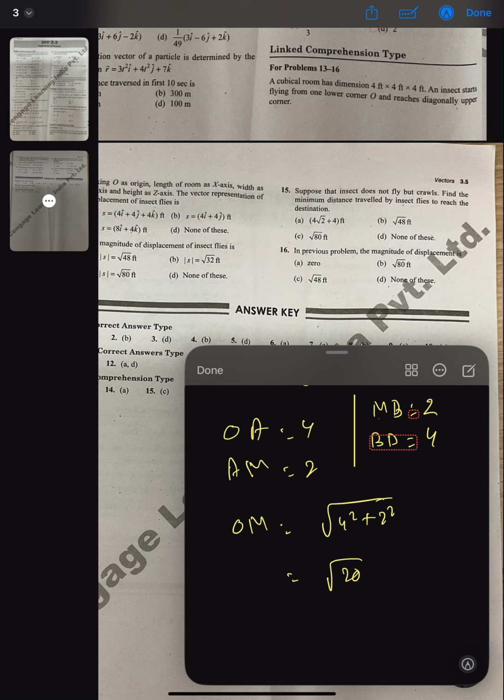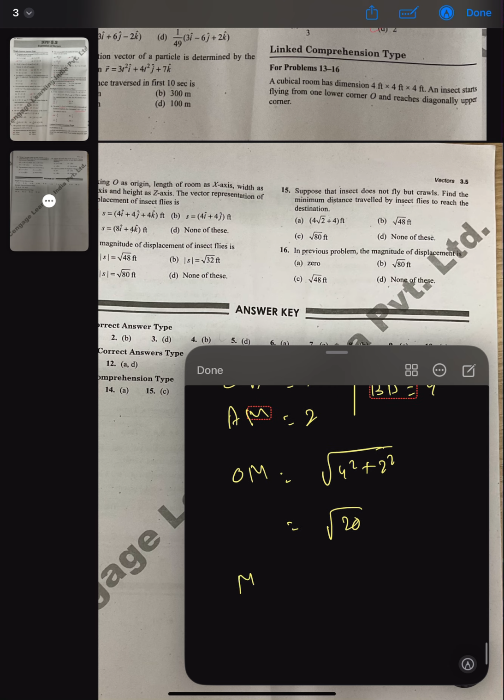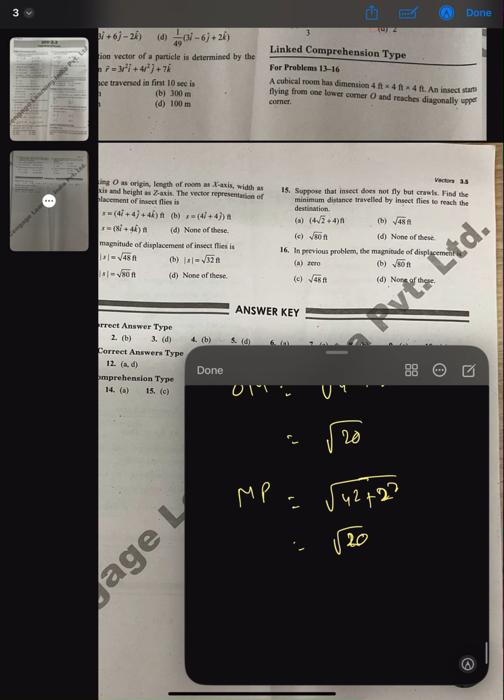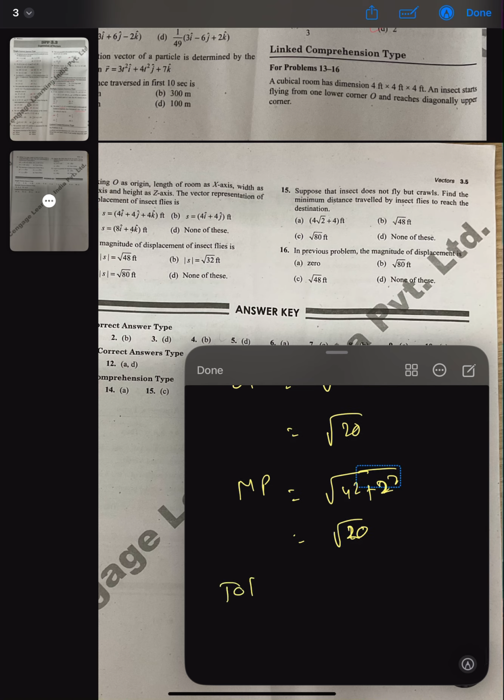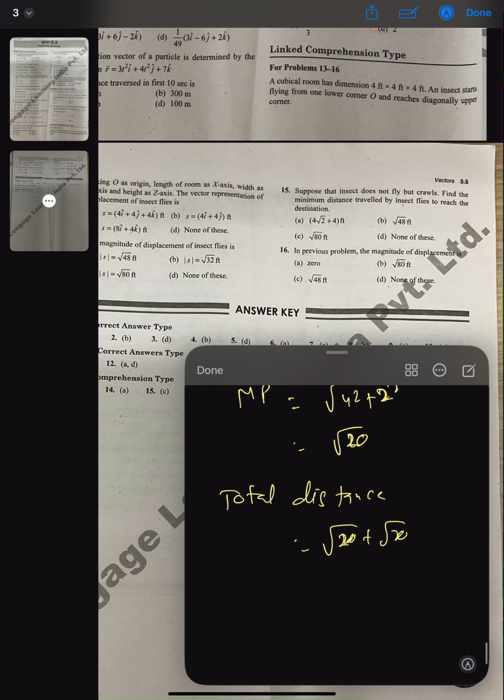So MP will be under root 4 square plus 2 square, that will be under root 20. So total distance traveled is under root 20 plus under root 20, that is 2 under root 20, equal to under root 80, which is matching your answer C.